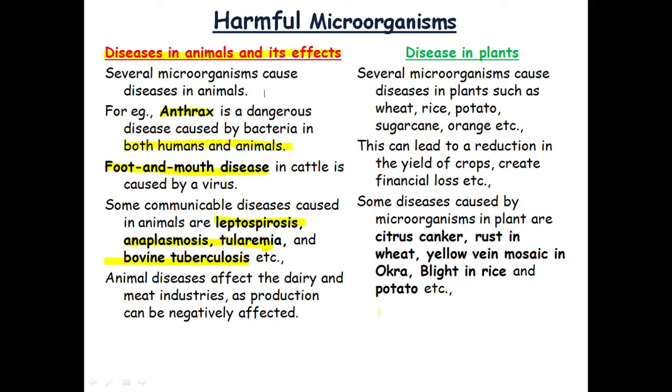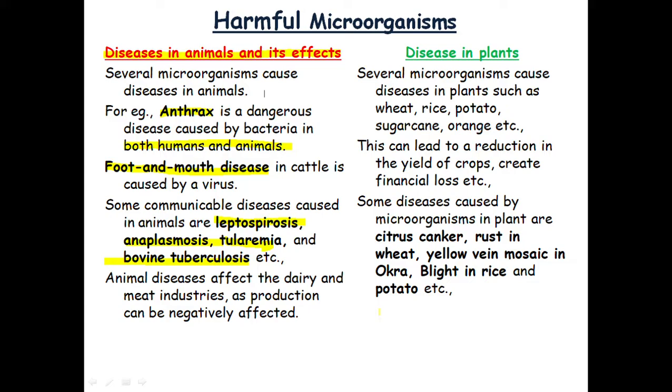Once the animal gets infected with the microorganisms, what happens is, if there is a farm, either livestock for meat, or for milk, or for eggs, the chickens and all, once they get infected with this microorganism, it spreads so rapidly that mostly all the animals get infected at the same time.